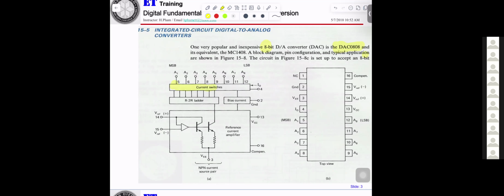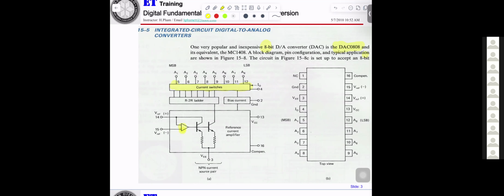This is the input, A0, A1 up to A8. That's the input, and this is the inside. NPN current source pair. Basically, they're using transistors inside.